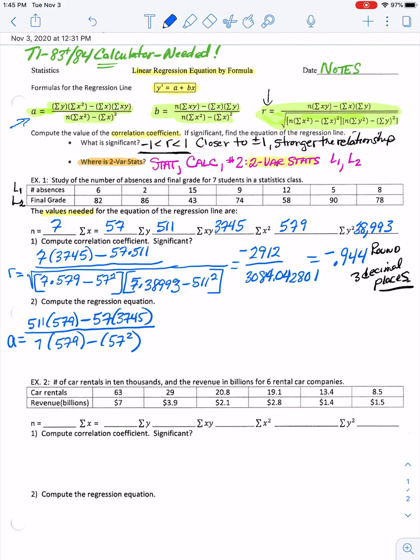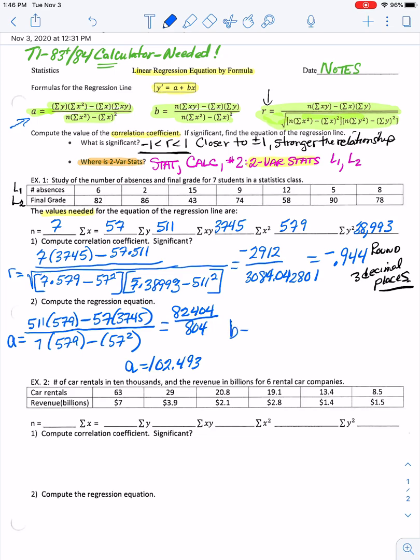Again, I'm going to go through and do top and bottom for you just so you can check your work if you're doing it on the calculator. So the top comes out 82,404 and the bottom is 804. So when you divide, A comes out to be 102.493.